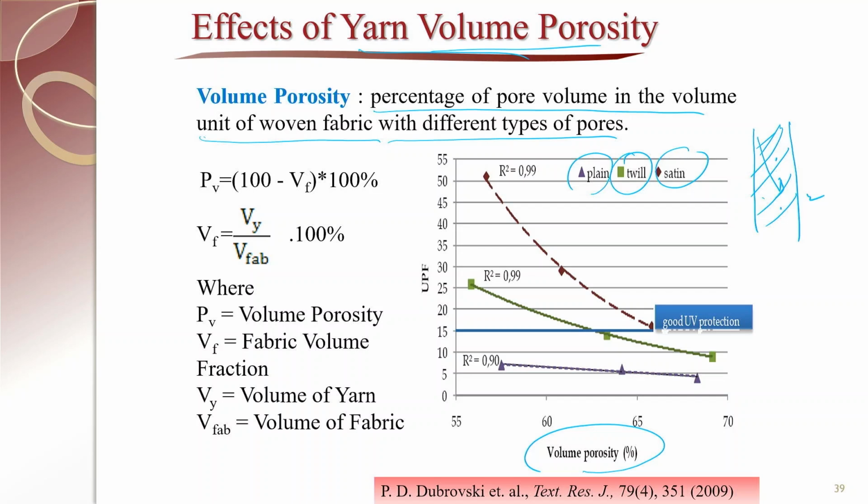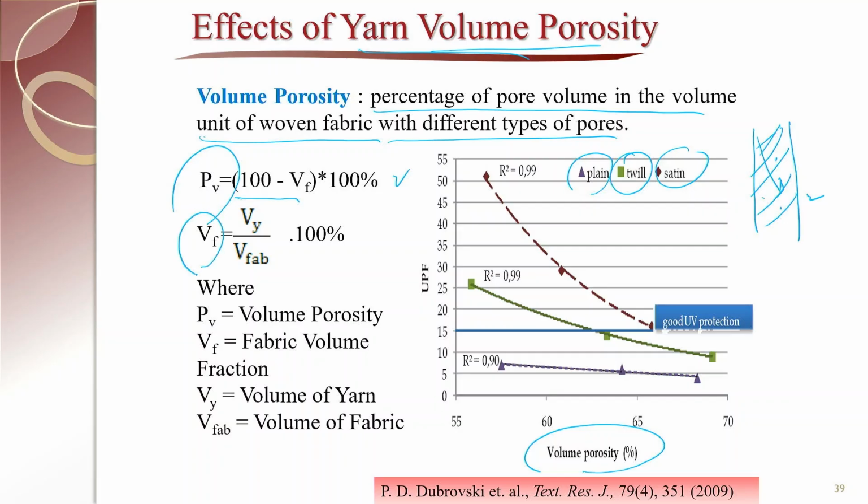Now, the pore volume is expressed by the relationship PV = (100 - Vf) multiplied by 100, expressed in terms of percentage.